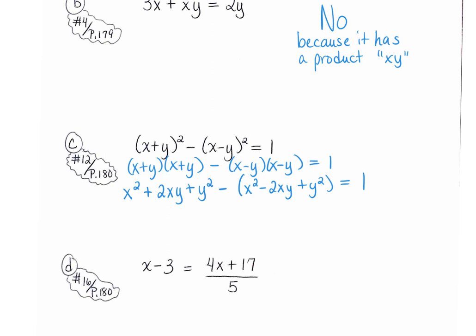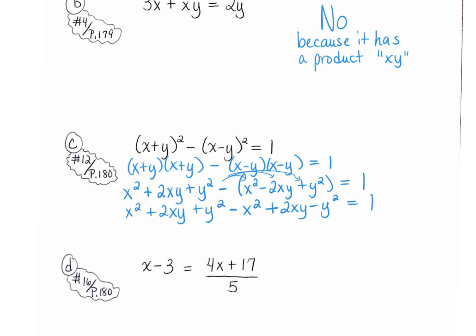And now we distribute our negative here, to get x squared plus 2xy plus y squared minus x squared plus 2xy. What's the rest? You said plus minus y squared. Why? Because we're distributing the negative.